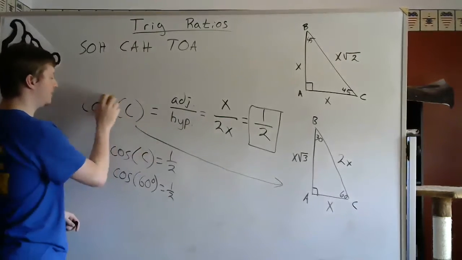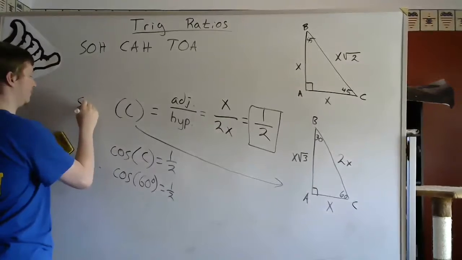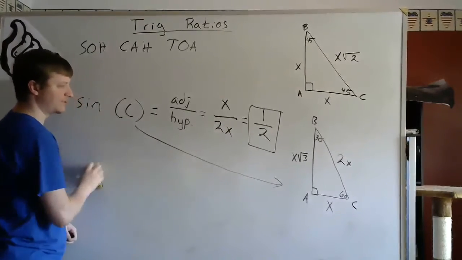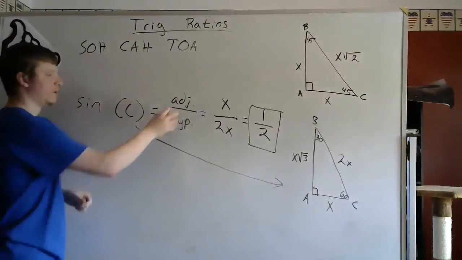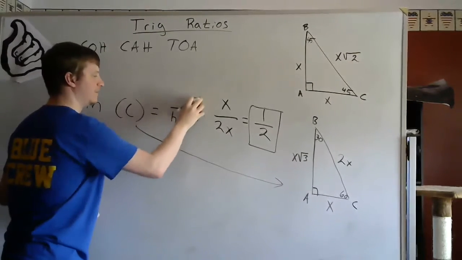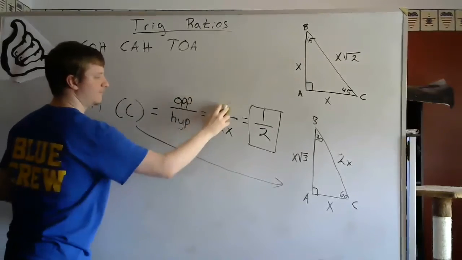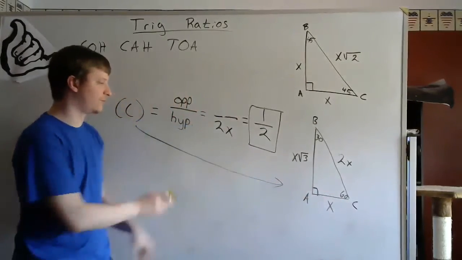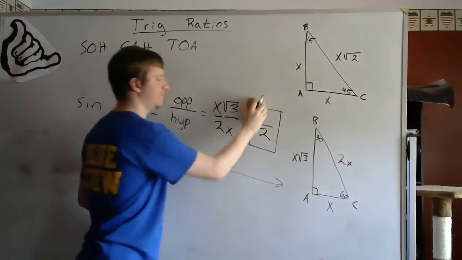Same triangle, let's this time do the sine of angle C. When I change this to sine, now I'm using opposite over hypotenuse. So I don't want this adjacent here. Now I want opposite. The opposite side to angle C was x times square root of 3. So there's what I've got.